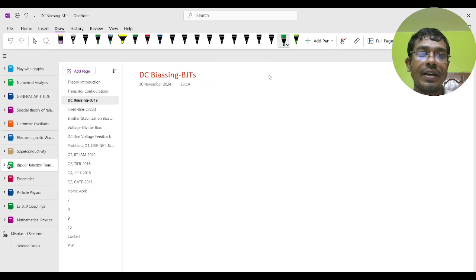For the biasing, we have the DC biasing, the emitter stabilization bias, the voltage divider bias and the DC bias with voltage feedback. First of all, we just discuss here the fixed bias circuit.